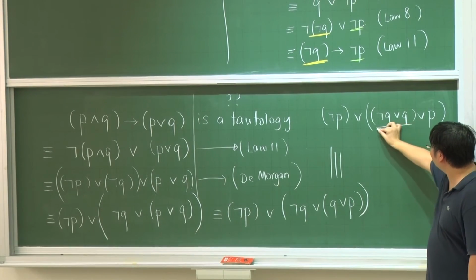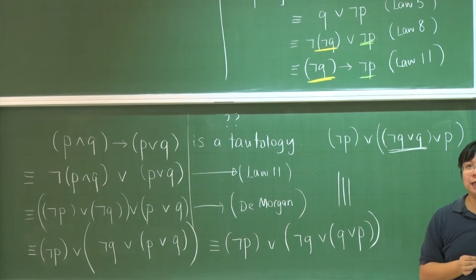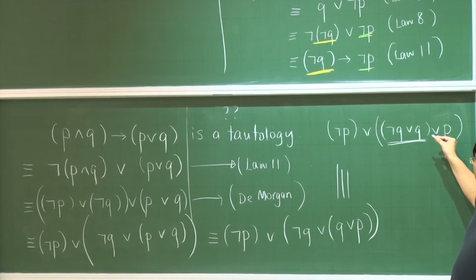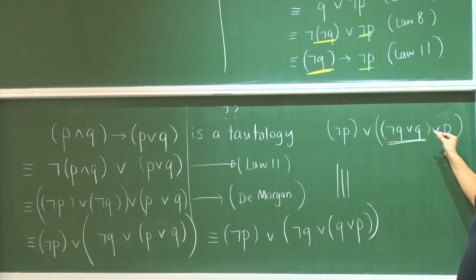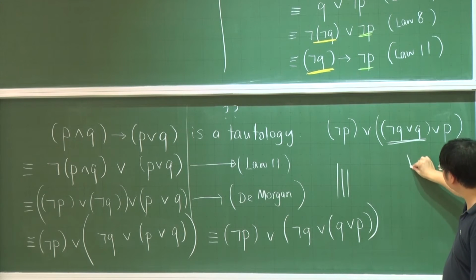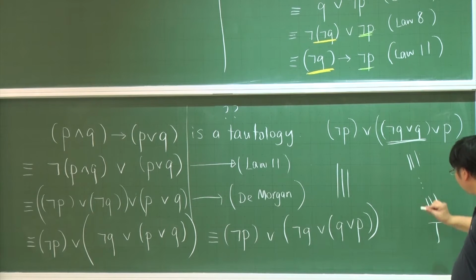But you can see that not Q or Q is true. This is the negation law. True or something is true because it is dominated. True or something is true. And then true or something is true. Very good. So after some steps, you get a true in the end.